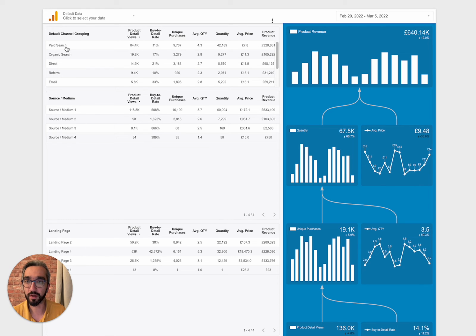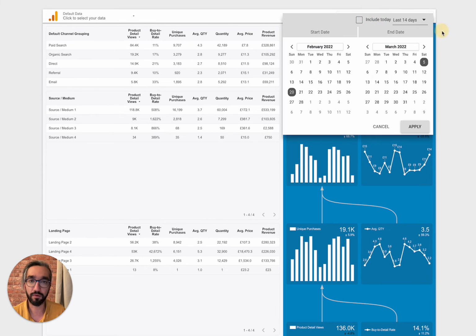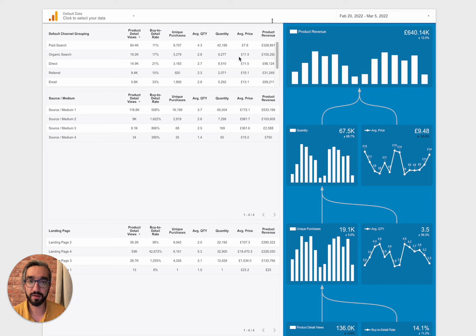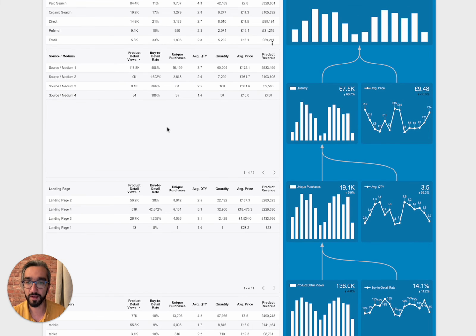So you can understand that our paid search brings £200 product revenue in the last 14 days. And here are the average prices and the quantity in the basket. In that way, you can see more details and analyze your e-commerce performance and revenue drivers more deeply with these tables.